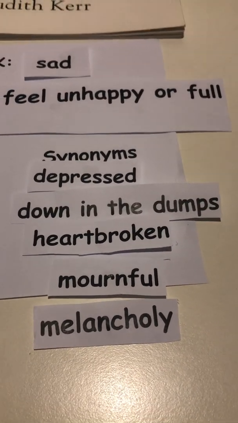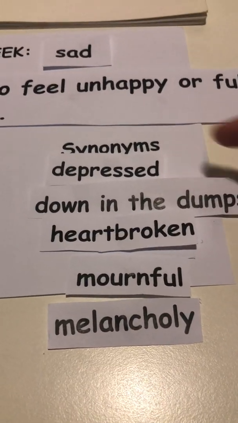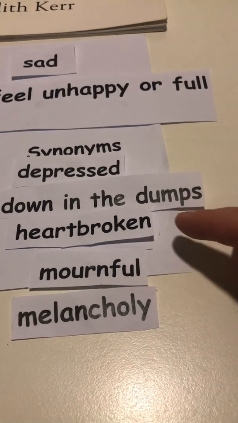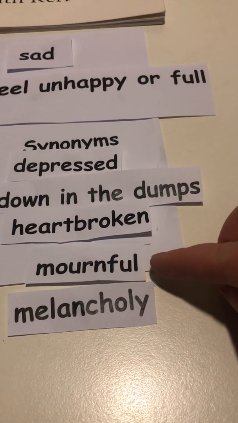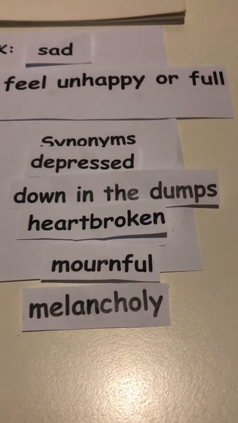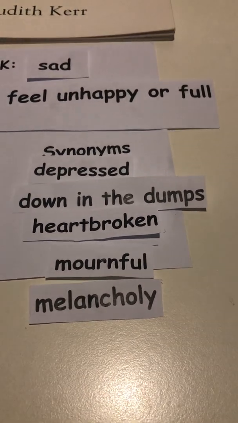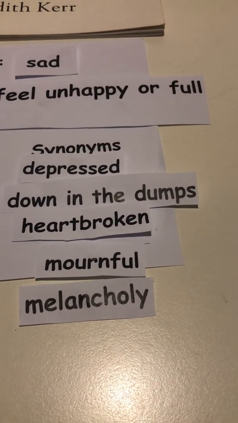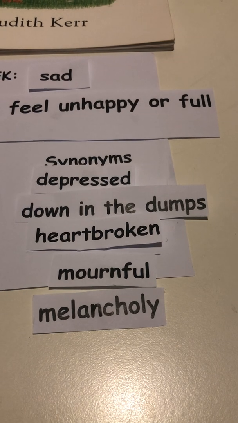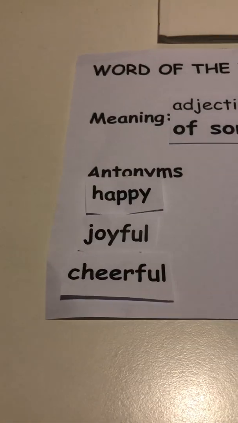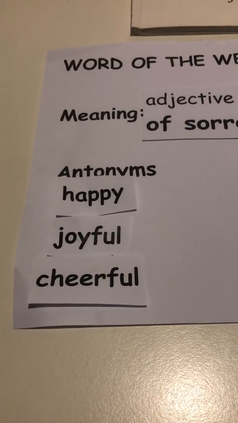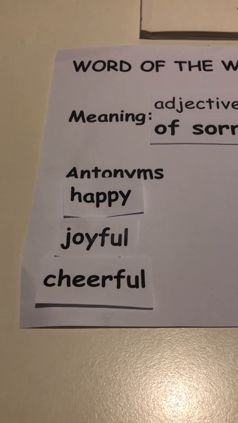So let's have a look at some of the synonyms we have. We've got depressed, down in the dumps, heartbroken, mournful, and melancholy. So if you use those in your writing instead of the word sad, it will really make your writing stand out and sound fantastic. And the antonyms, happy, joyful, or cheerful. They're all the opposite of sad.